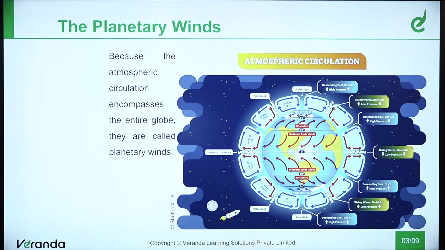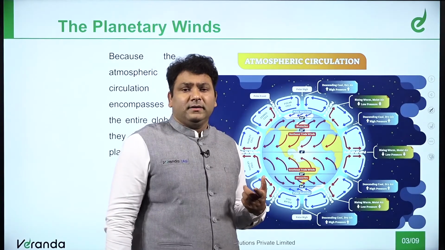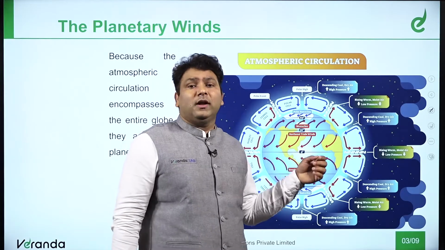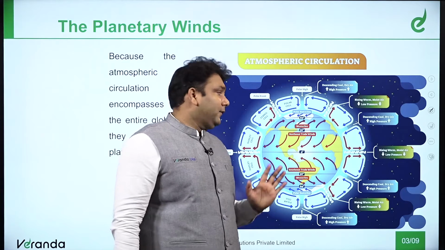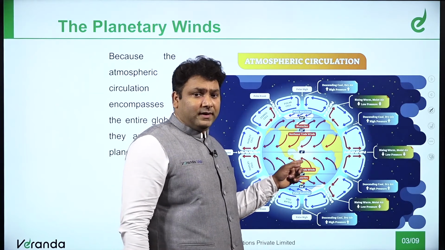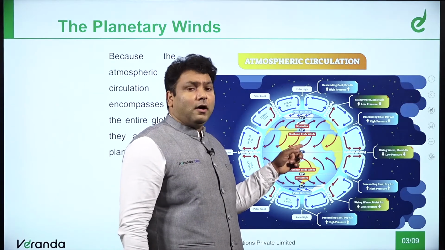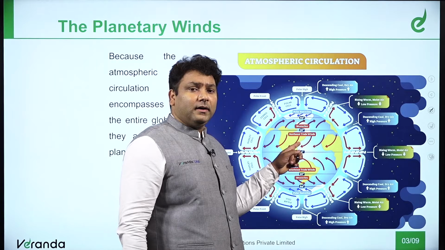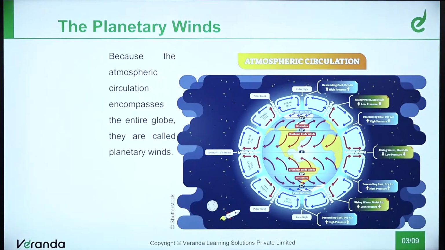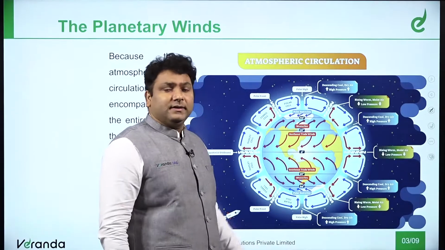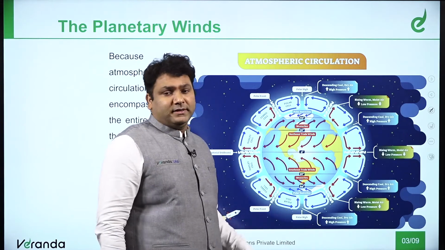So, therefore, between 55 to 65 you will be having the subpolar low pressure belt. So, you know how the equatorial low pressure belt is created, you know how the subtropical high pressure belt is created, you know how the subpolar low pressure belt is created. And of course, in the polar regions you will be having high pressure.